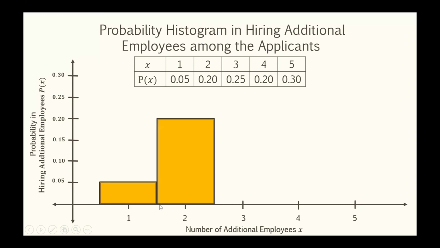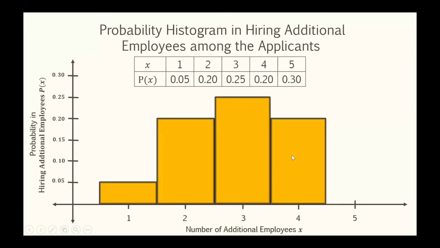You'll start from the midpoint of 1 and 2 up to the midpoint of 2 and 3. Next, if X is equal to 3, then the height is 0.25 as the probability. You'll start from the midpoint of 2 and 3 up to the midpoint of 3 and 4. Next, if X is equal to 4, you'll start from the midpoint of 3 and 4 up to the midpoint of 4 and 5.